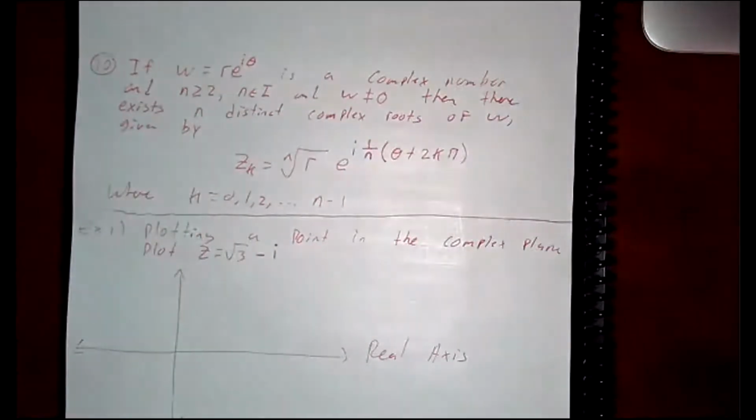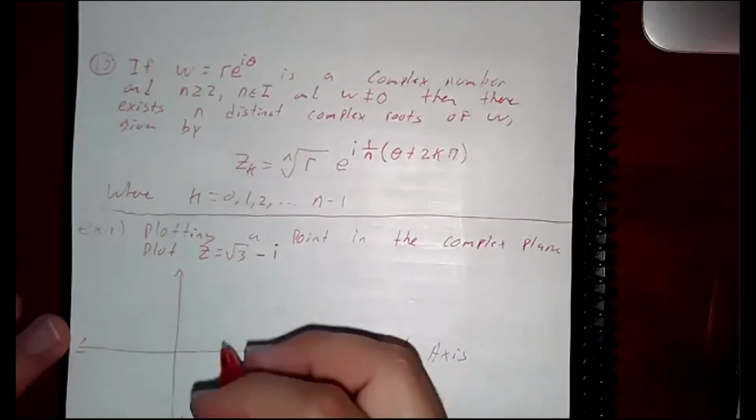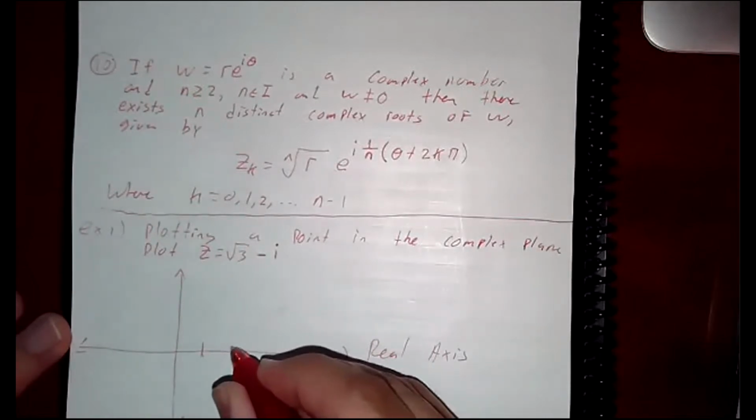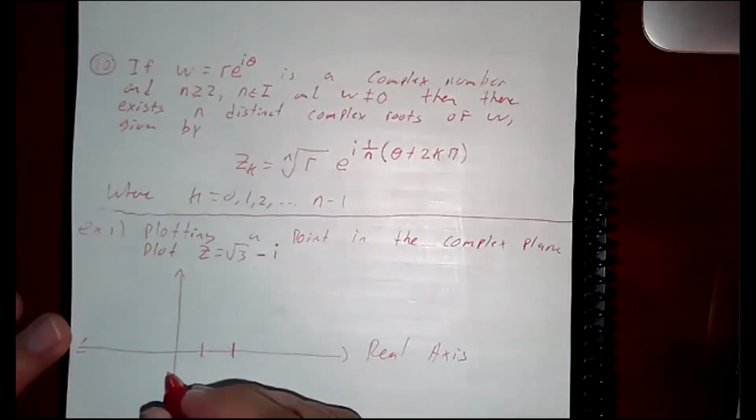Square root 3 is 1.73. Let's just use that number here. So here's 1, here's 2, here's a negative 1.